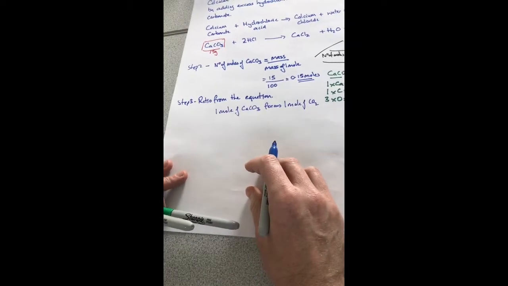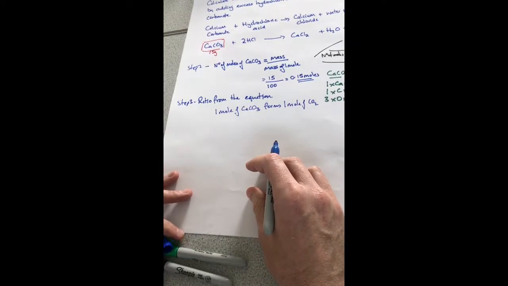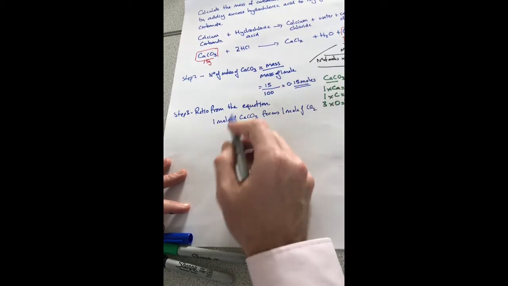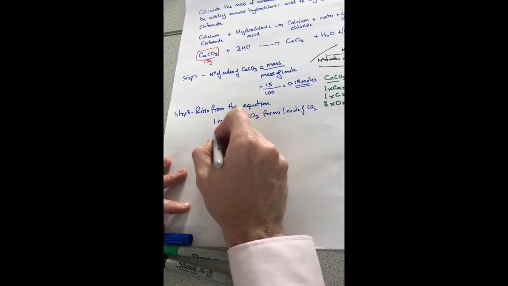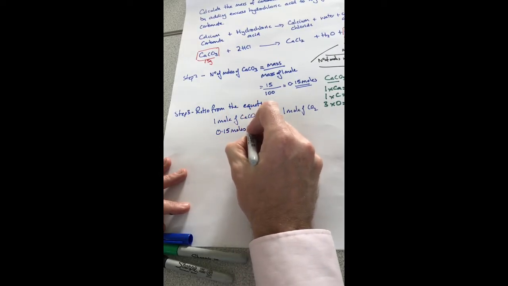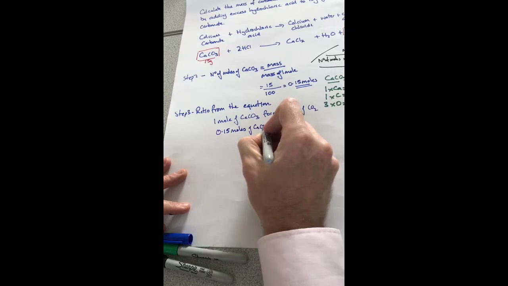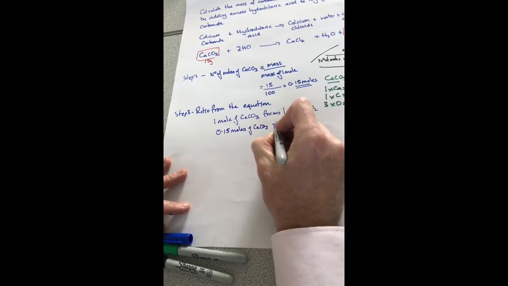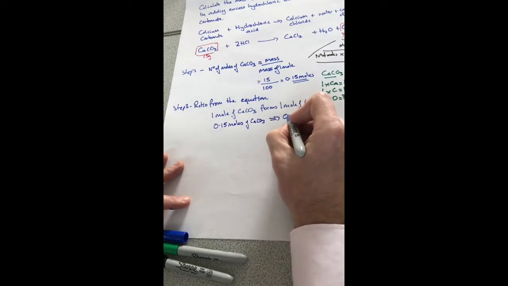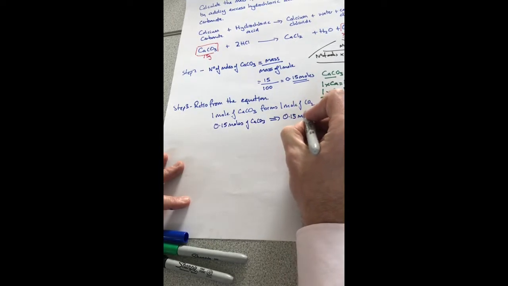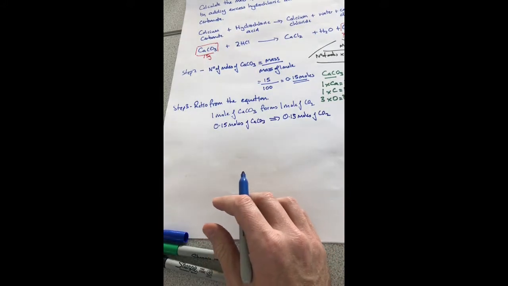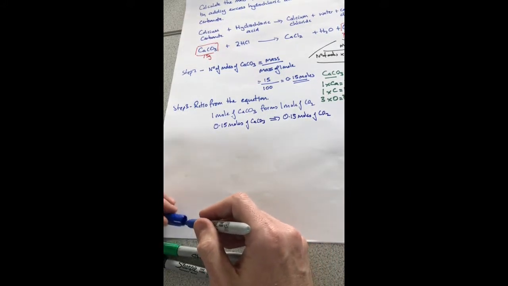From what I've done here, I've got 0.15 moles of calcium carbonate. And because it's a 1-to-1 ratio, that's going to be exactly the same number of moles of CO2. So it's a 1-to-1 ratio, so the moles are the same.